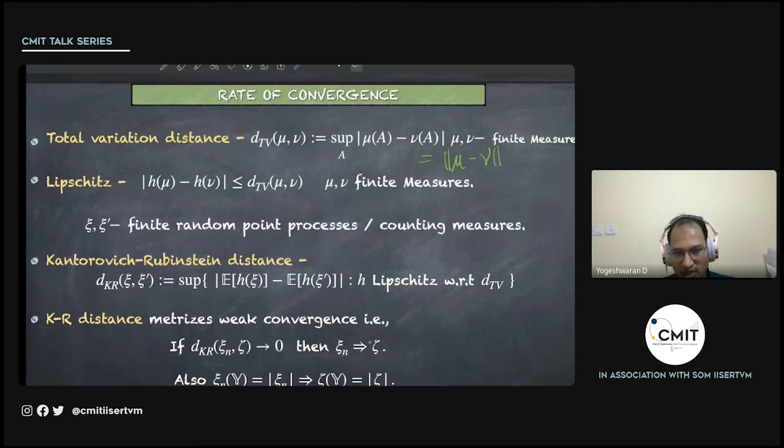Not only is the convergence true for all Lipschitz functions, it converges uniformly, but for just bounded continuous functions you can show you still get convergence. And even better, the total number of points also converges weakly. This is convergence in distribution.